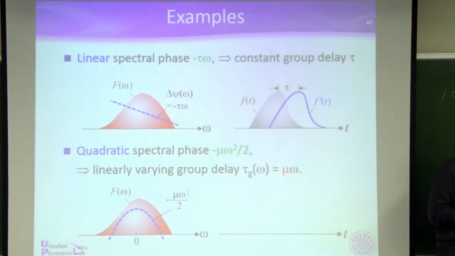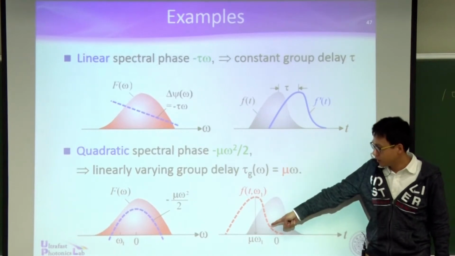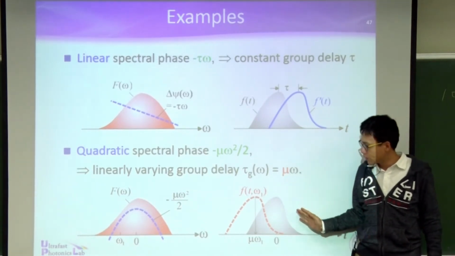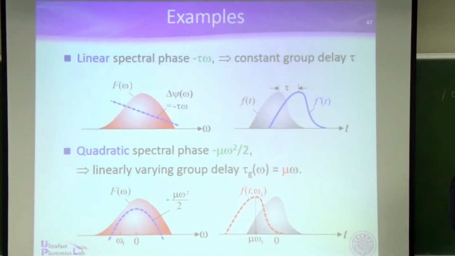Okay? So what's the illustration? If you observe a low frequency at omega 1, maybe here, and the group delay implies your temporal shift is mu times omega 1, which is negative number. So if the gray one is the original temporal waveform, the frequency omega 1 sees a waveform here in an earlier time.